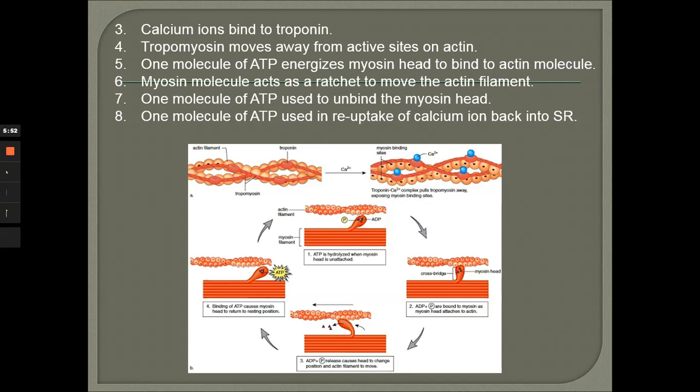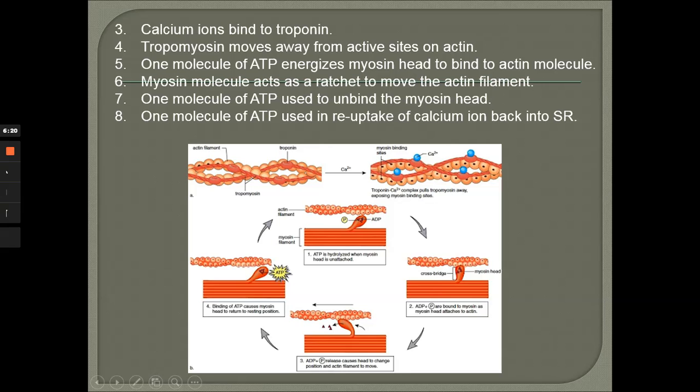And when that happens, the troponin will stimulate the tropomyosin to move away. Okay? So it moves away from the active sites on the actin, and you can see that here. You can see those little black dots here, and that represents the active sites being opened up. Okay, so that's number 3 and 4.